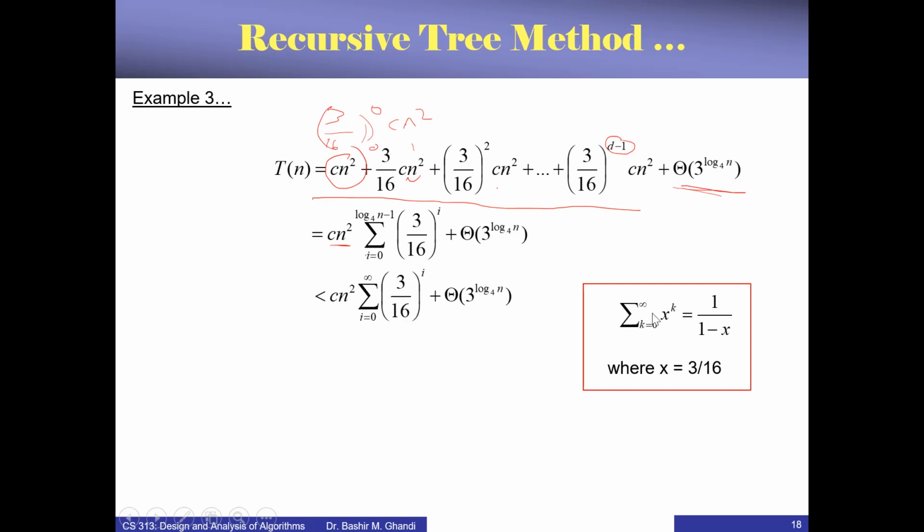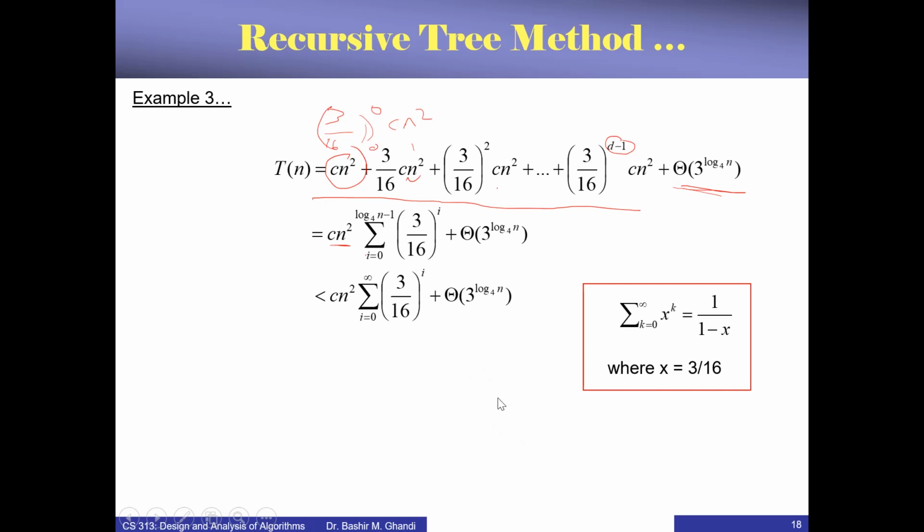If you do that until infinity, it will be the same as 1 over 1 minus x. So this is a very useful formula that will allow us to simplify this.